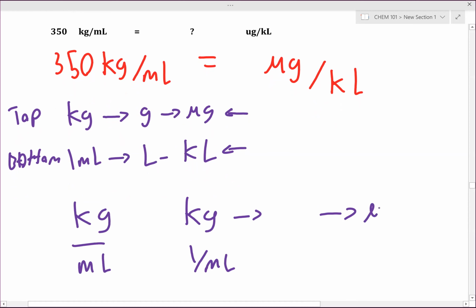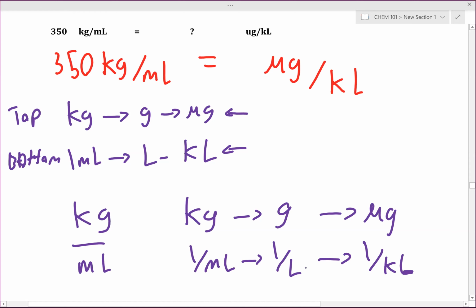Micrograms. Yep, we're going from kilogram to microgram. So what is our intermediate unit? Grams. Yep. Okay, we have 1 over milliliter. And what's our end goal in this case? Kiloliter, or more specifically, 1 over kiloliter. So what's our intermediate base unit? Yeah, 1 over liters. Yep, perfect.